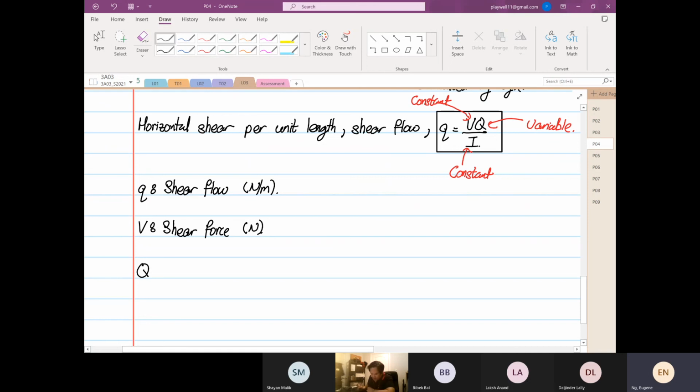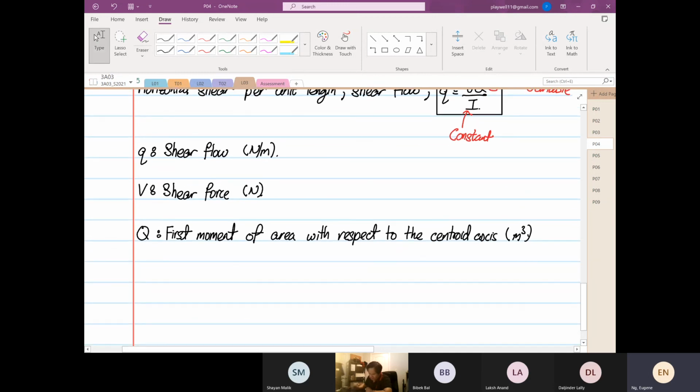And Q is defined as the first moment of area with respect to the centroid axis. The units are meter cubed.